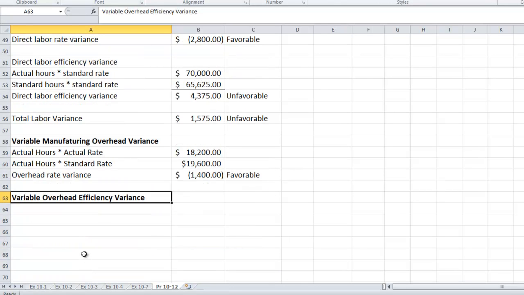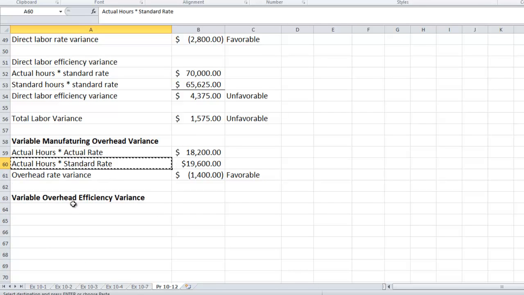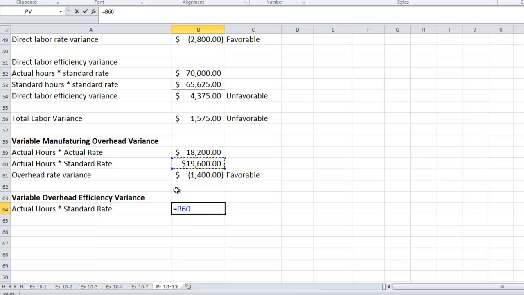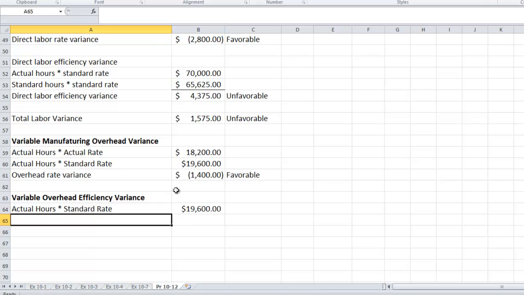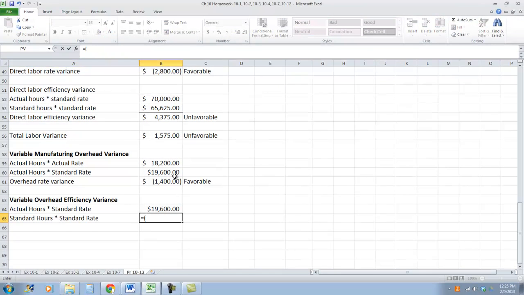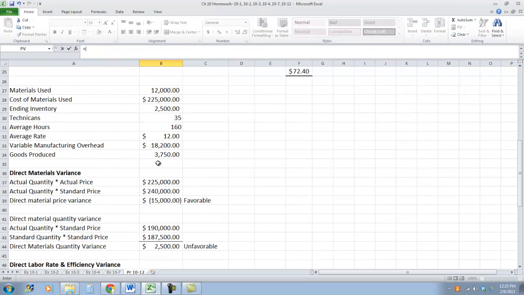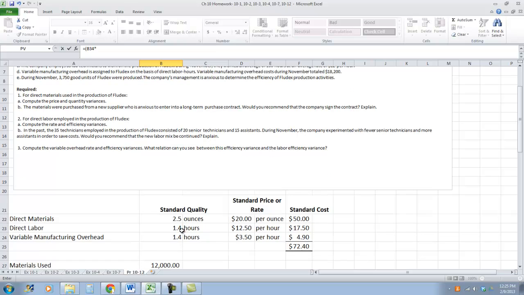So we will do actual hours times standard rate, which equals this. And then we will do standard hours times standard rate. The way we get to the standard hours is we take the units produced and multiply by the 1.4 hours, and then multiply that by our standard rate.